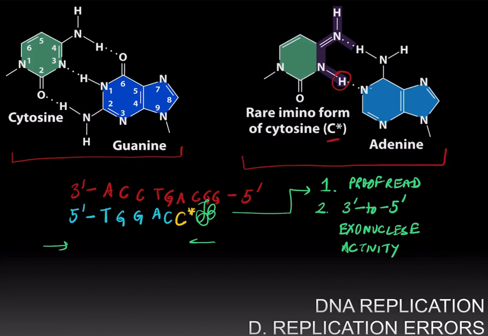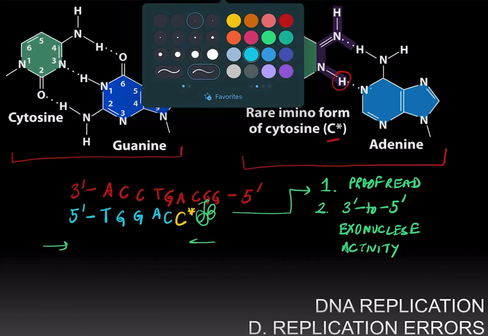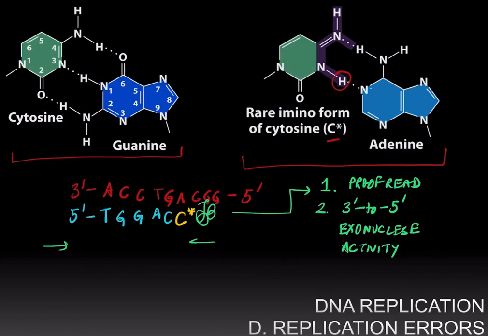And 3' to 5' means that normally a polymerase moves on the daughter strand in this direction, 5' to 3'. This is the normal movement of the enzyme.